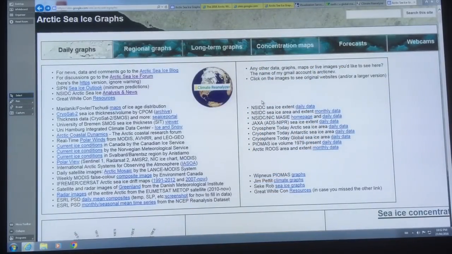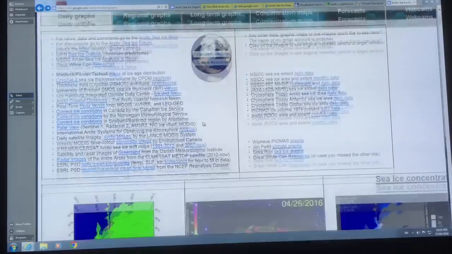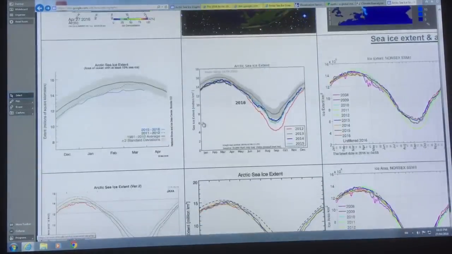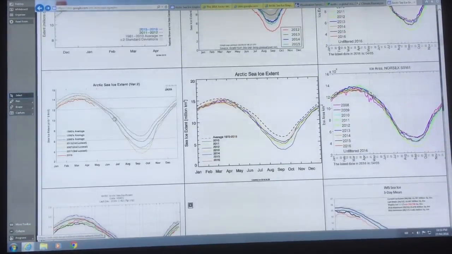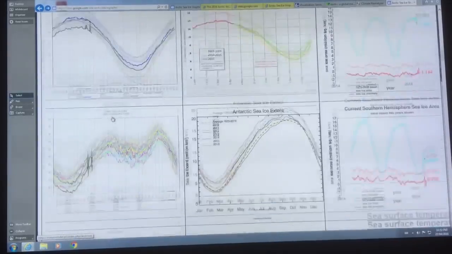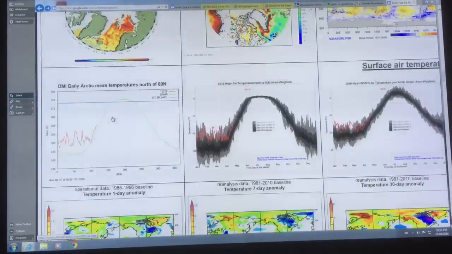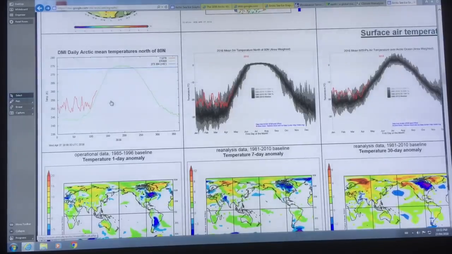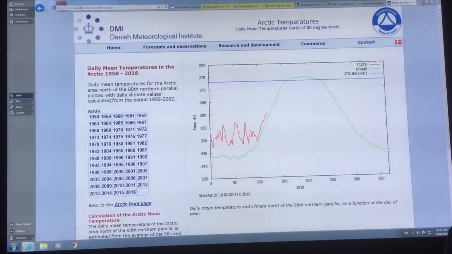which I'll show here. So going back to the Arctic sea ice graphs, we looked at the extent dropping. The extent is any area where there's 15% or more ice. And you can go down and have a look at these different curves. First of all, this is the daily mean temperature in the Arctic, with data from 1958 to 2016.